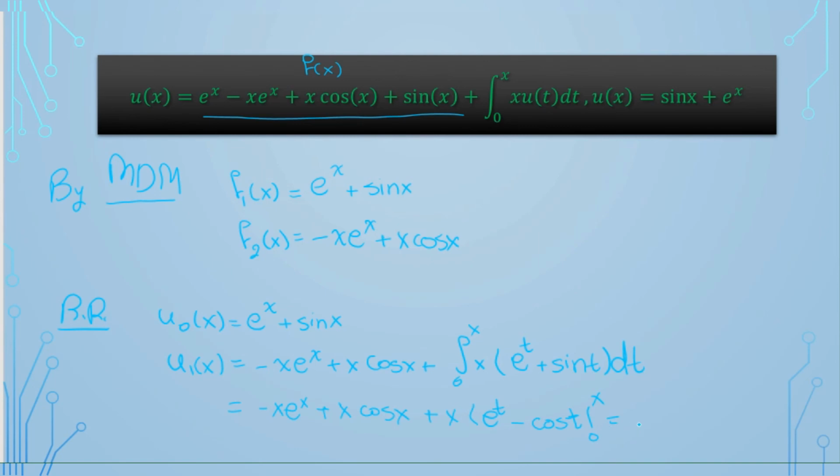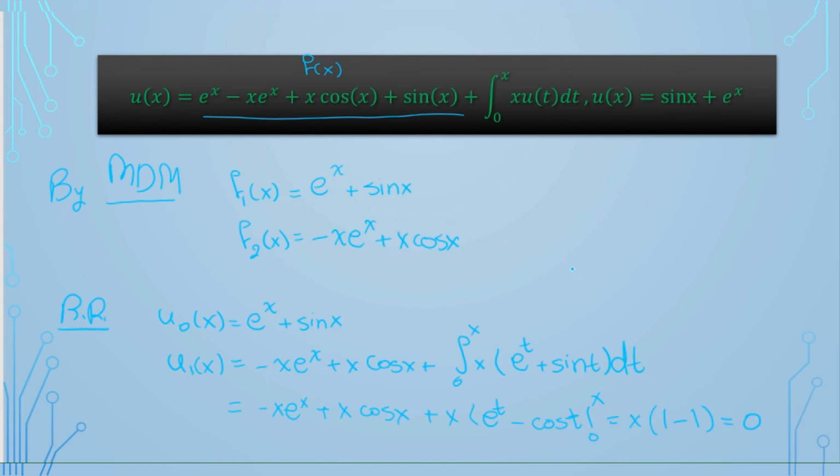And this will give us exactly the same as those terms, which is minus x e raised to x and plus x cosine x, when substituting with x, so it will vanish. And the other part, when we substitute with 0, will give us x times e raised to 0, which is 1, minus cosine 0, which is 1 too, and that will give us 0.